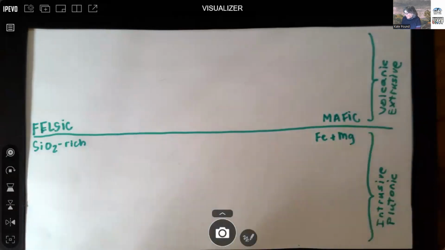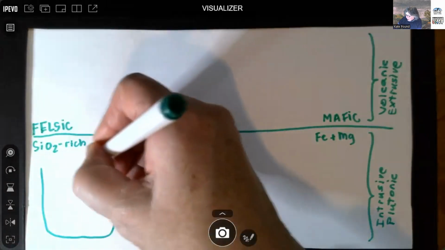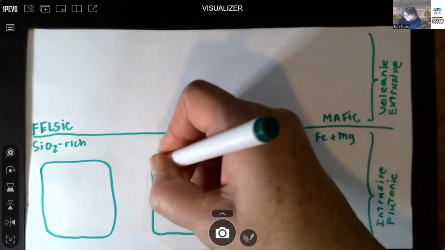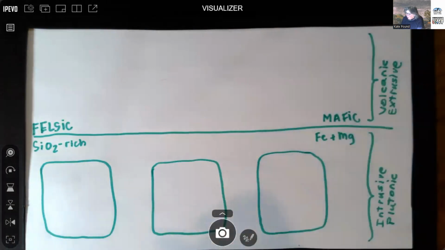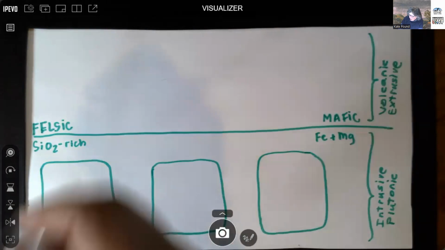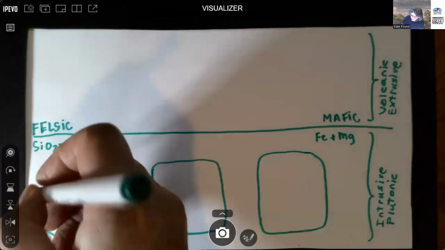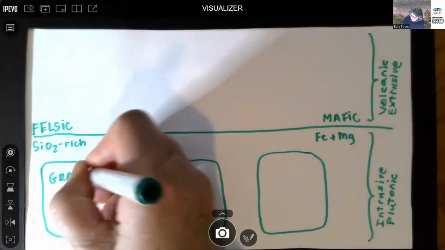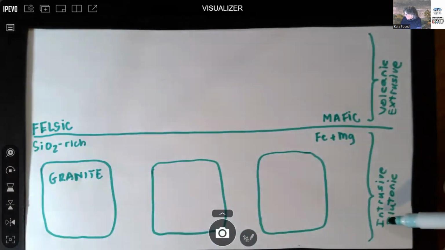So once we've got that part, I'm just going to do 3 boxes down here. And over on the left-hand side, we have the molten material that makes what we call a granite. This is the most felsic of the intrusive igneous rocks.